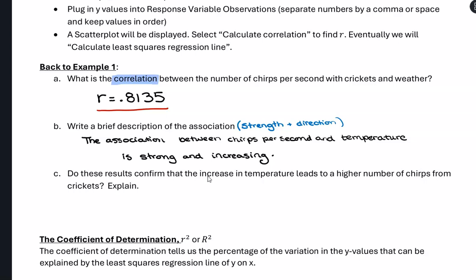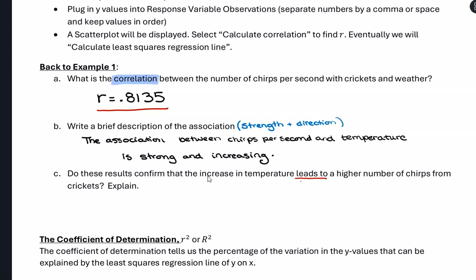We could name them, and then you should be talking about two things: strength and direction. Do these results confirm that the increase in temperature leads to a higher number of chirps from crickets? Explain. So the wording here, we see one thing increase and that leads to the other.